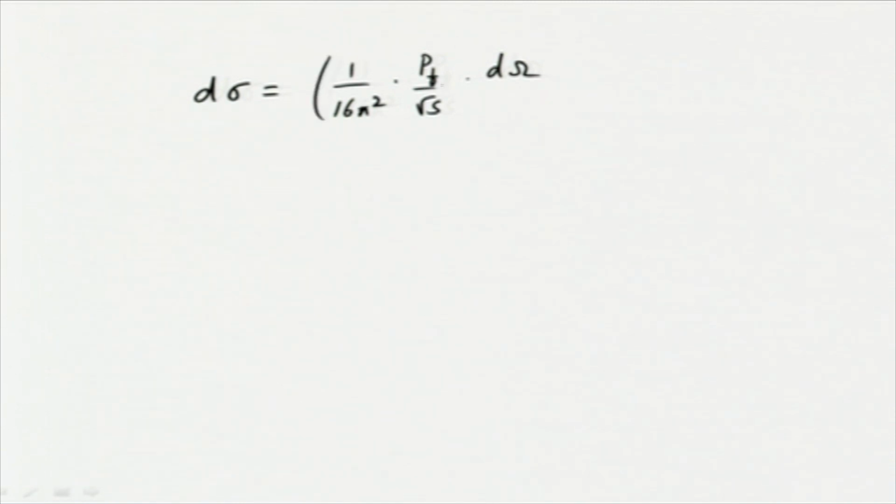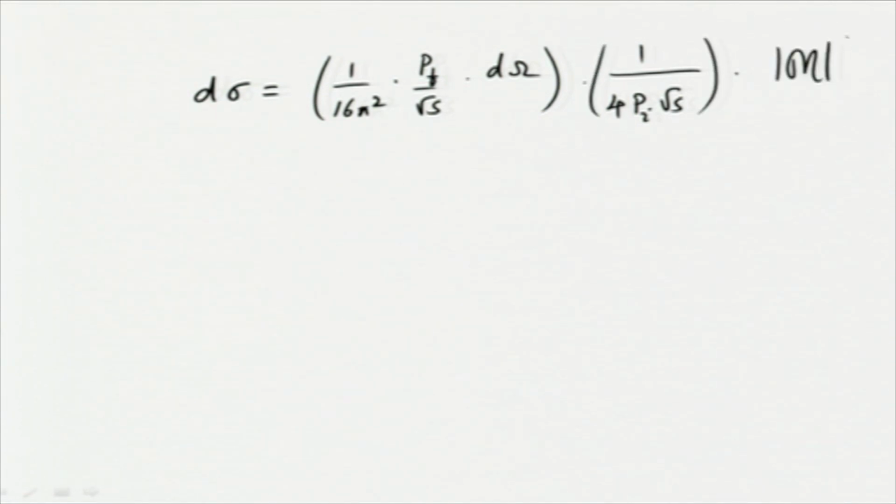Putting these things together, we have d sigma equal to 1 over 16 pi square, p_f over root s, d omega, which is essentially what the dQ is, and you have 1 over 4 pi root s as the 1 over F factor, and the square of the invariant amplitude.